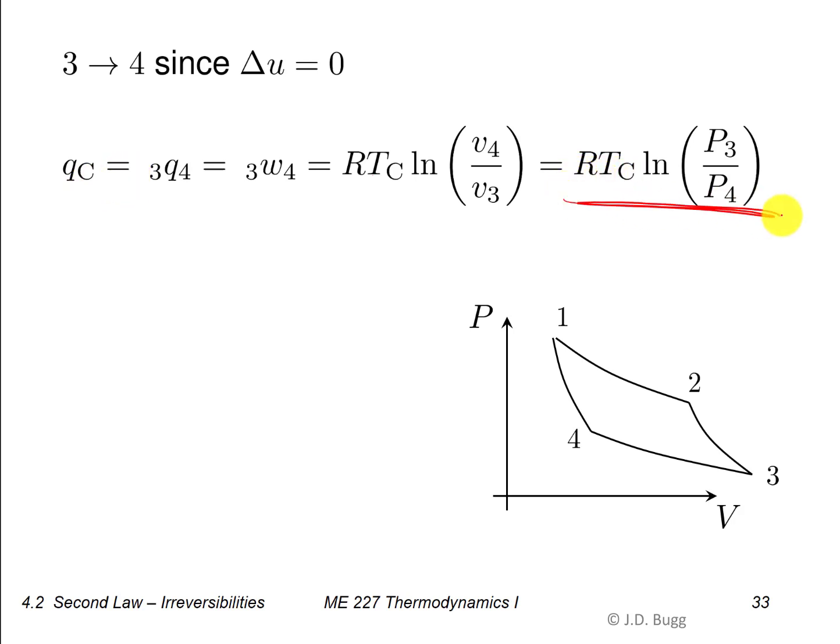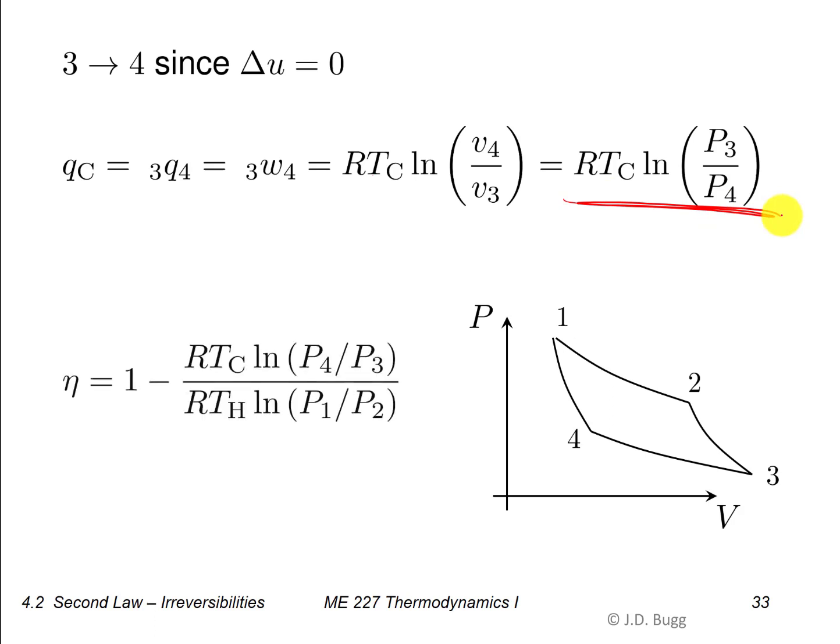So we bring these two expressions for QC and QH back into our efficiency expression, and we get efficiency equals 1 minus RTC log P3 over P4, over RTH log P1 over P2. I want to just address where this negative sign came from.